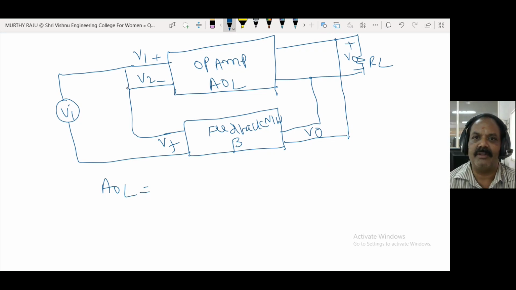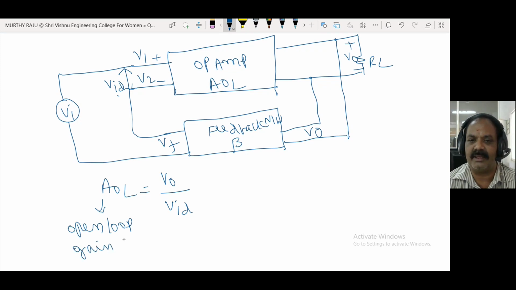In between these two, VAD is the differential voltage, VAD is equal to V1 minus V2. Without feedback, output voltage is V0, input voltage is VAD. Therefore, AOL is equal to V0 by VAD, output voltage by input voltage without feedback. This is called the open loop gain of the op-amp, that is, without feedback.